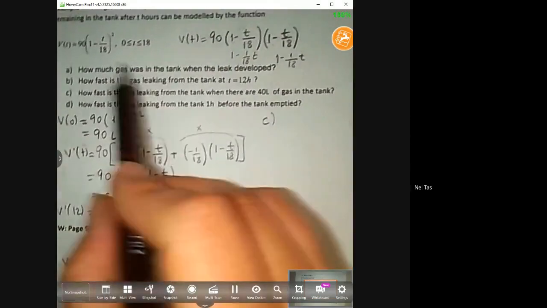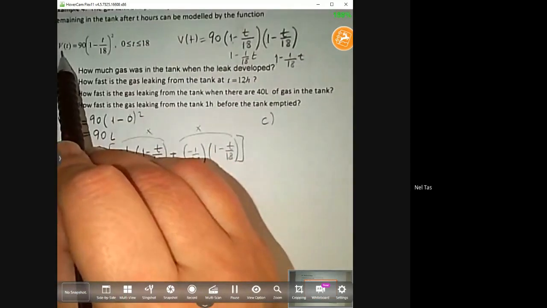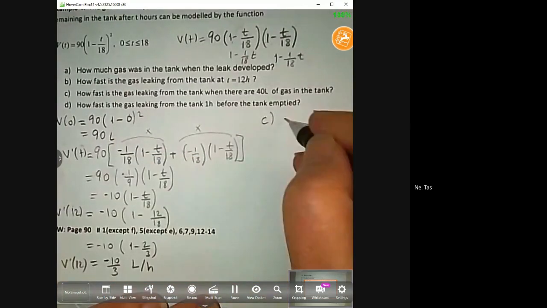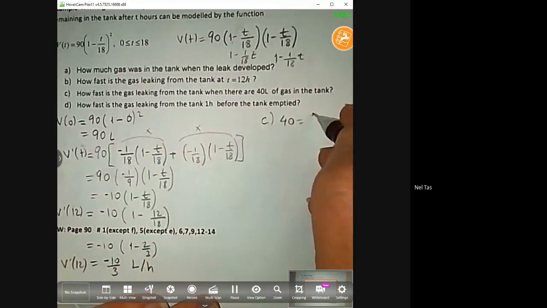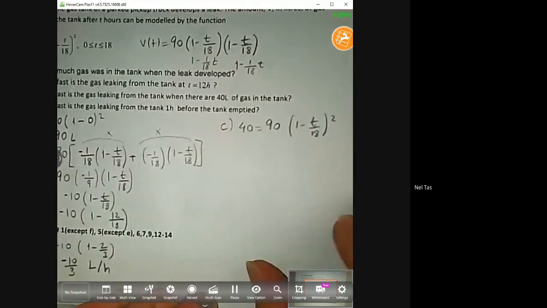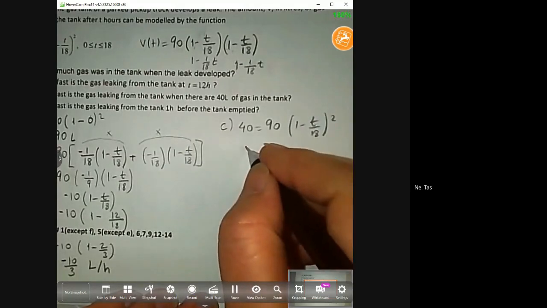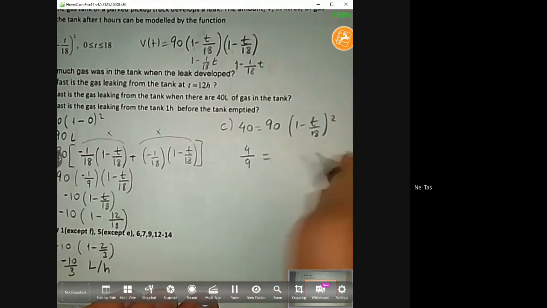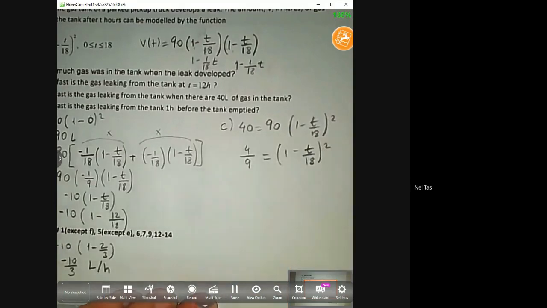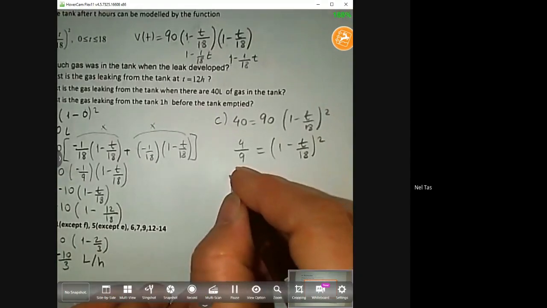Okay, so we're going to use this original equation. We're going to substitute 40 for the amount of gas. So divide both sides by 90. So we get 4 over 9 equals (1 minus t over 18) squared. So take the square root of both sides.